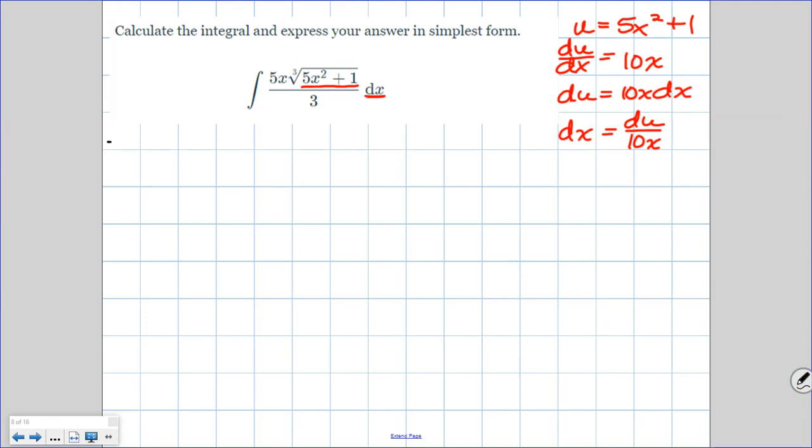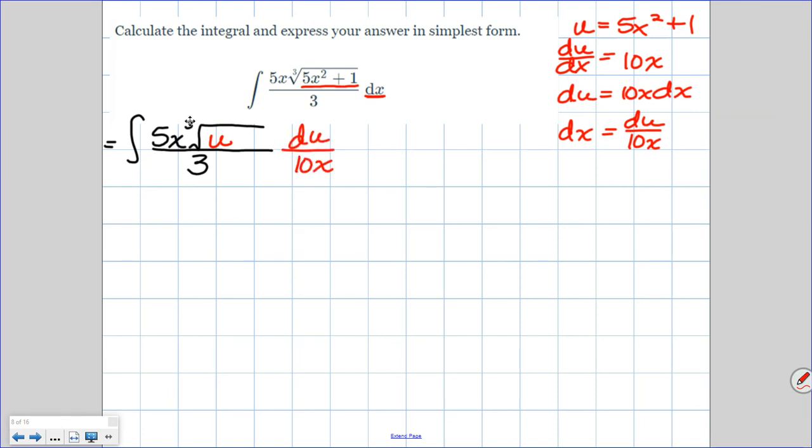So this is equal to the integral of 5x times the cubed root of u over 3 times, let's see, we said dx was du over 10x.